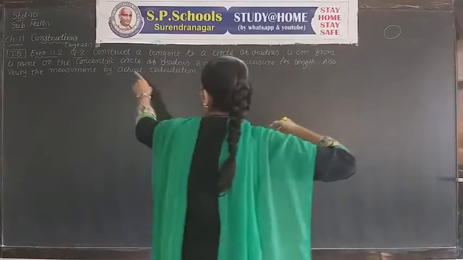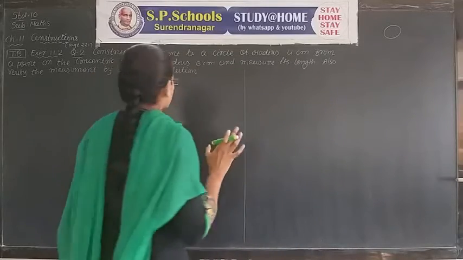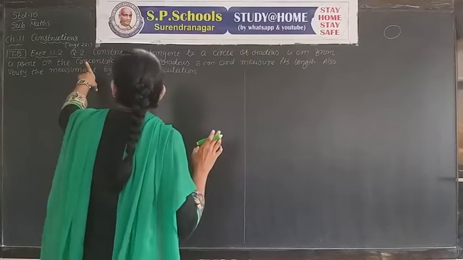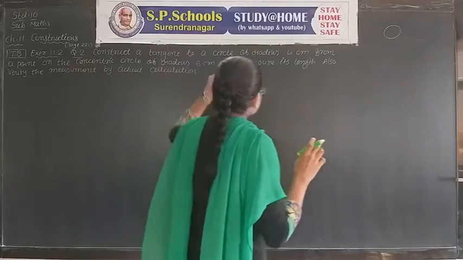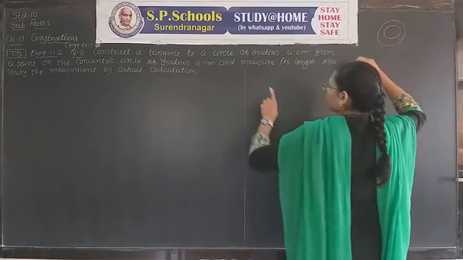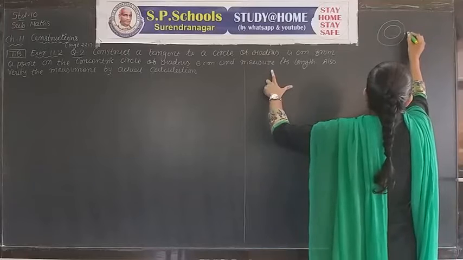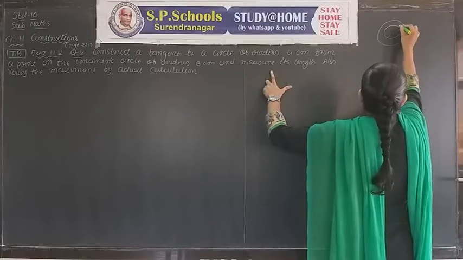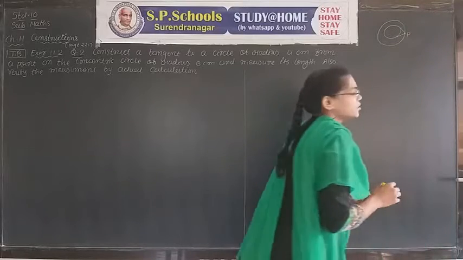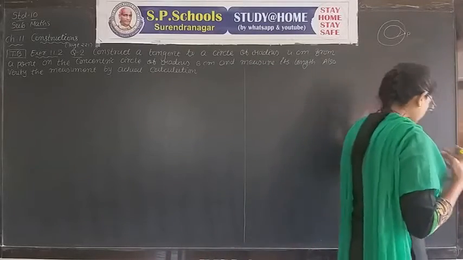Then another circle which is concentric, meaning both circles have the same center. The second circle is of radius 6 cm. We take a point P on this concentric circle. From this point we draw two tangents to the circle with radius 4 cm. This is our rough figure.